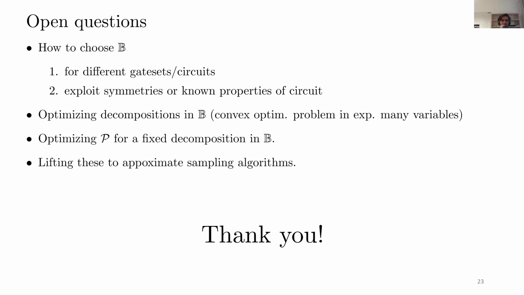Can you say a bit more on this last point you said, lifting these to approximate sampling algorithms? What do you mean by lifting here? Yeah, so in part one of the presentation, I went through these notions of simulation, and notion number 3 was estimating probabilities, which is what all these generalized simulators are doing.